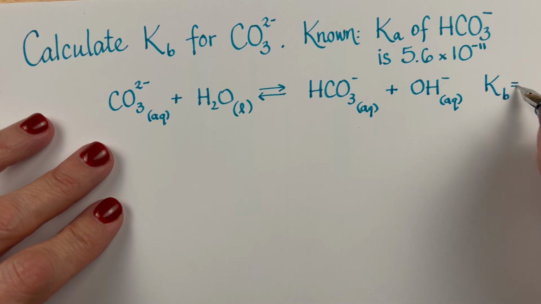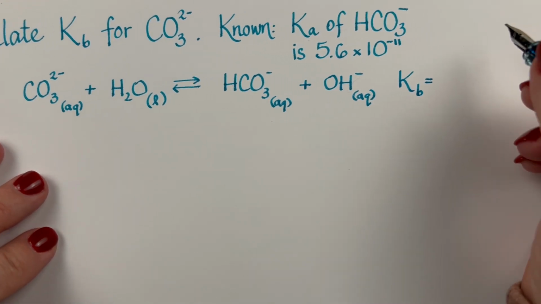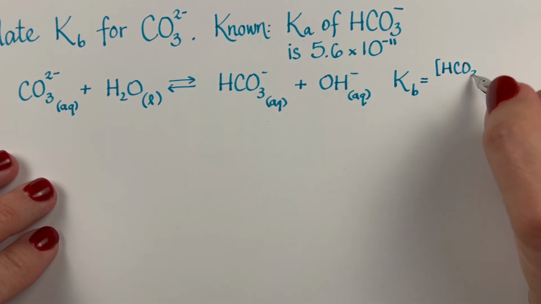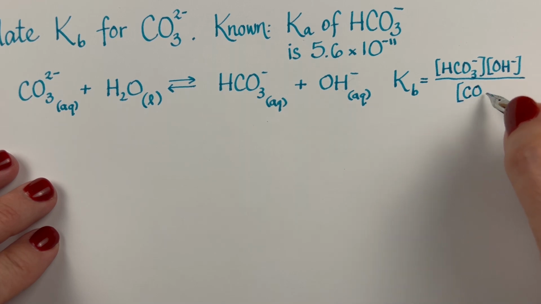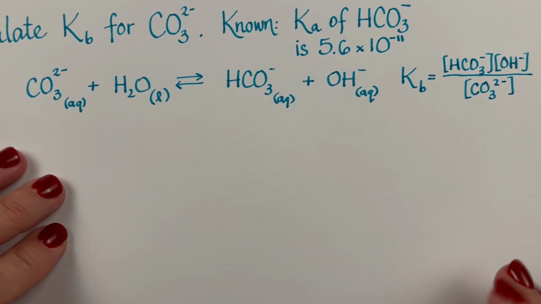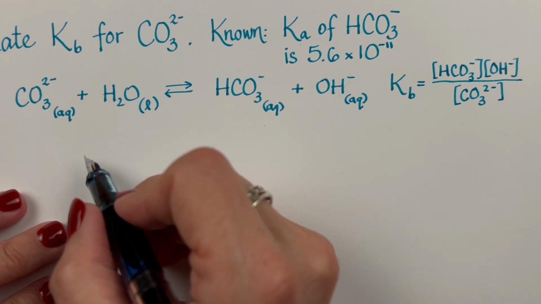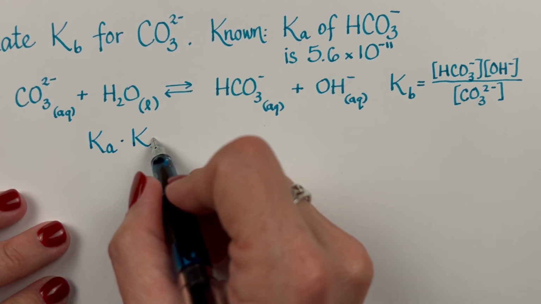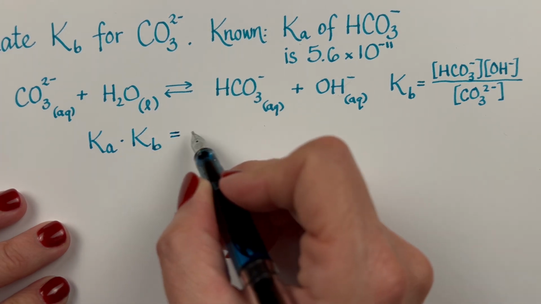Now, we don't know what the value is yet, but we do know that the Kb expression would be products over reactants. And what else do we know? We know that Ka times Kb for a conjugate acid-base pair equals Kw.